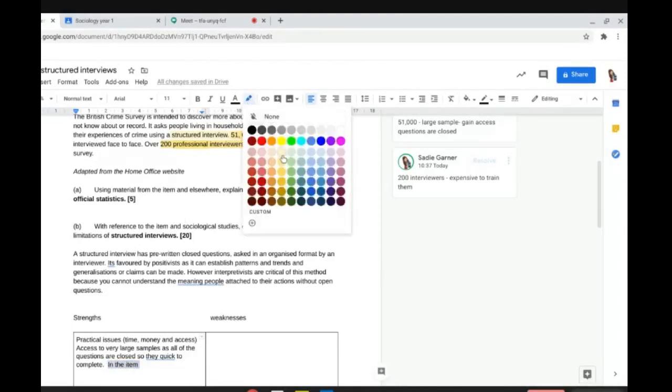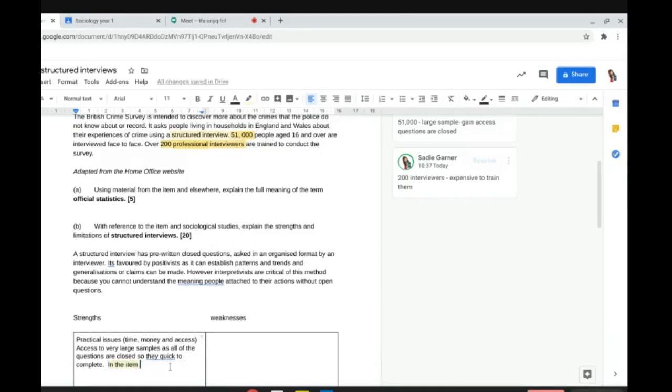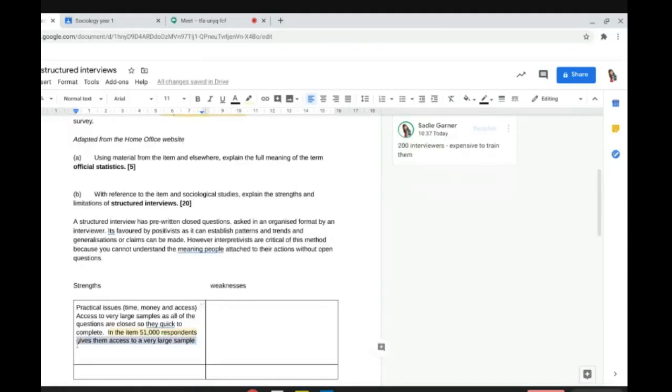In the item, just going to highlight that because I have to use it to get top marks. In the item, we can see that they have 51,000 respondents, which gives them access to a very large sample, making their research more representative and generalizable.